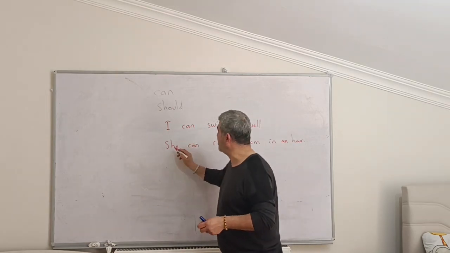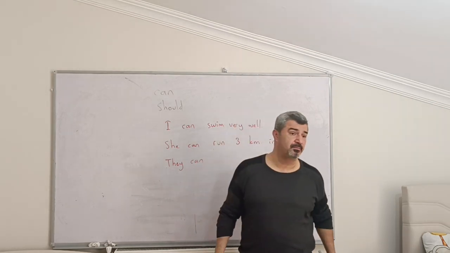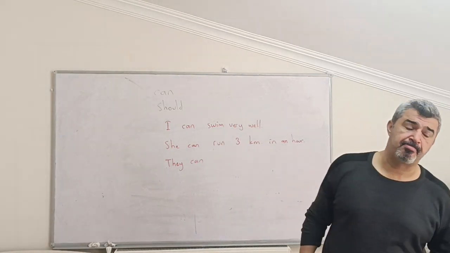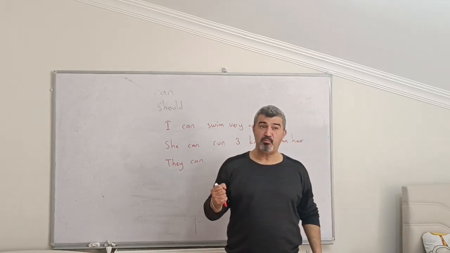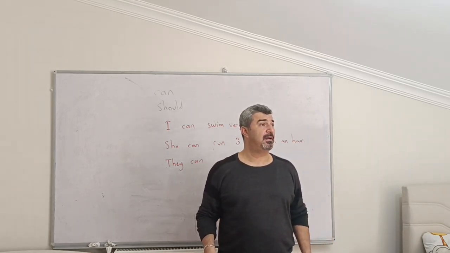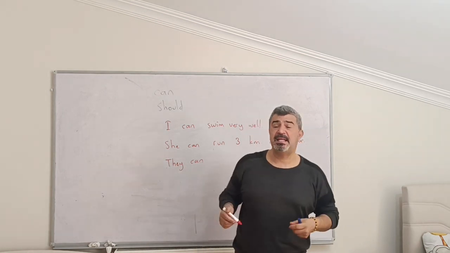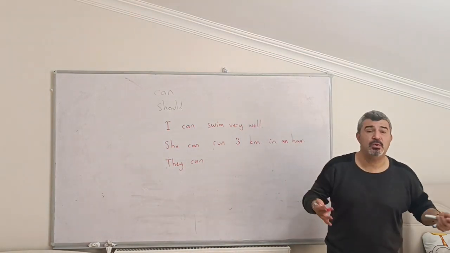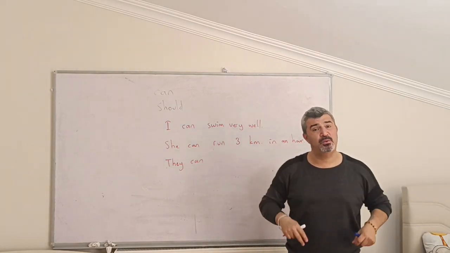For example, I can, she can, or for plurals we say they can. They can have a big house, for example. They can do a lot of work in that house. They have ability to do that work.